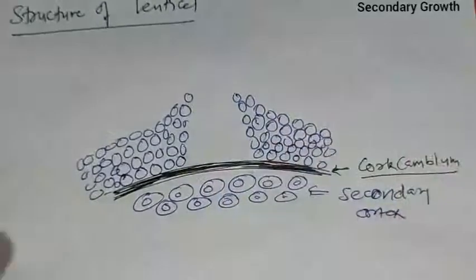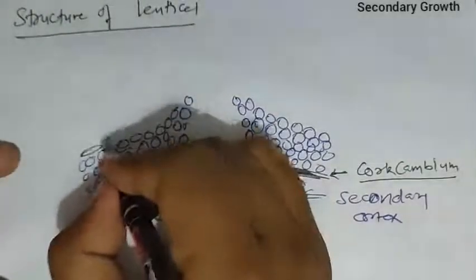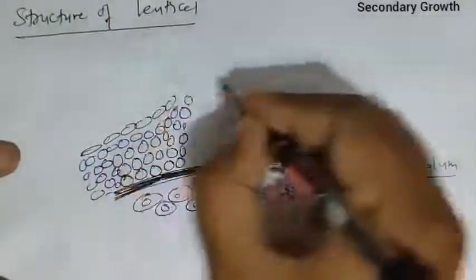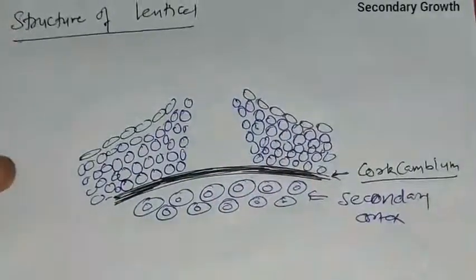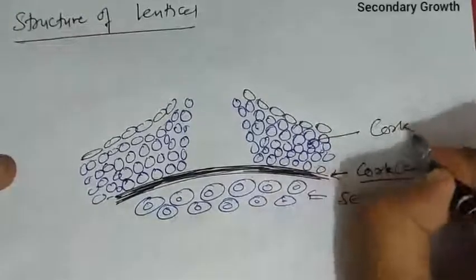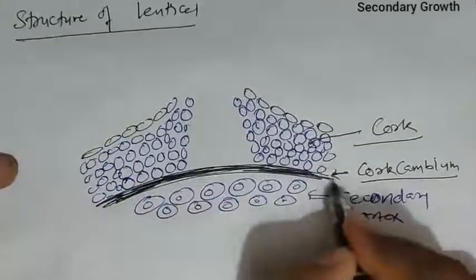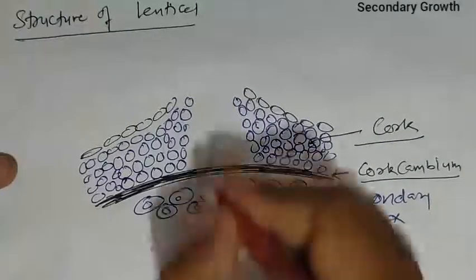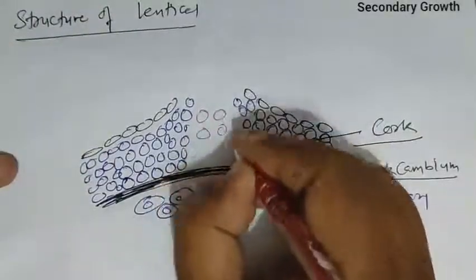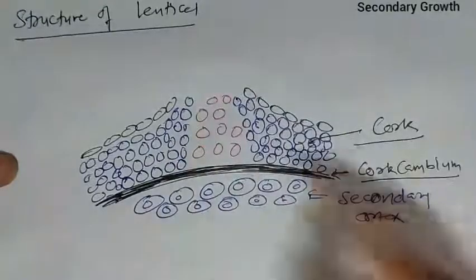This cork has been removed in some parts. This is epidermis. It is present. This is a cork. Now, due to the activity of cork cambium and pressure, some cells of this particular cork get loosened and removed, and at this place some loosely arranged cells will come, and here on the surface you will find a pore.